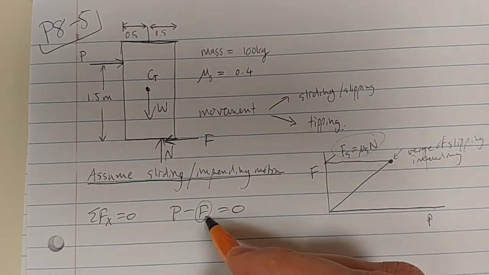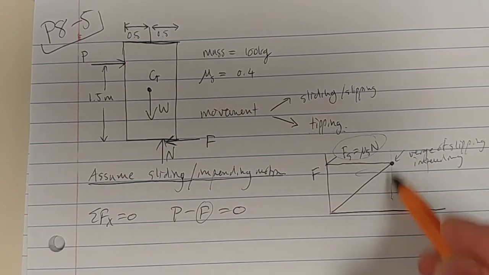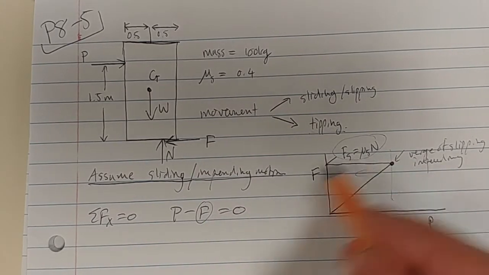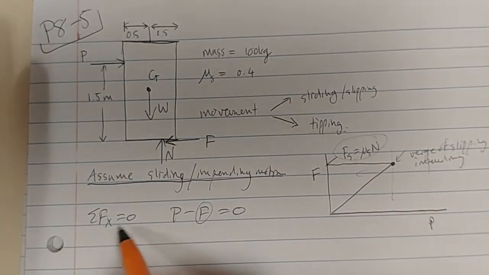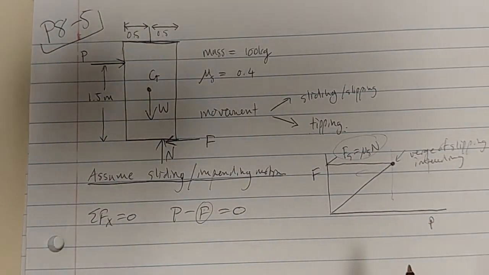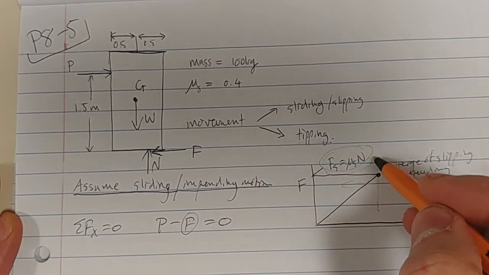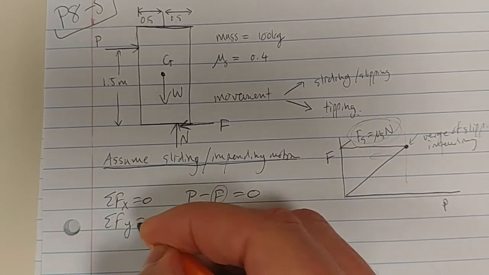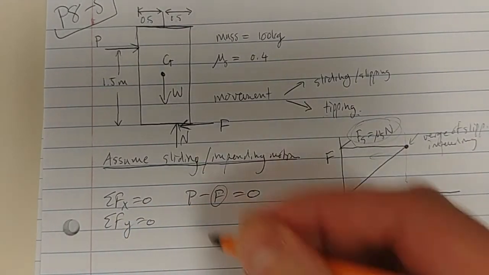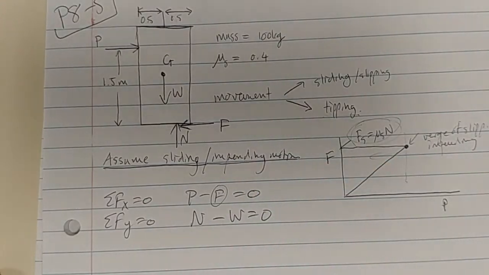Remember, if we're to this side of that point on the curve, then we do not know what F is. Rather, we have to just solve for F like we would solve for any other unknown force. If we are at that point, then we immediately know that it's equal to μs N. Okay, I hope that's clear. Sum of the forces in the y equals 0. We have the normal minus the weight equals 0.